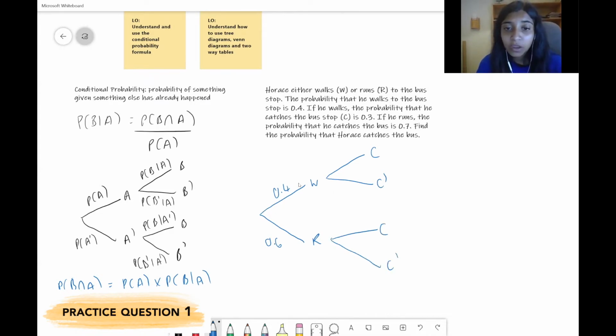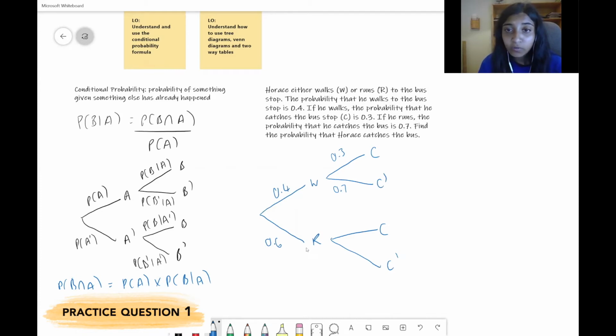If he walks, the probability that he catches the bus is 0.3. He can either catch the bus or not catch it, so the probability that he doesn't catch the bus would be 1 minus 0.3, which is 0.7. So here, using conditional probability, the probability that he catches the bus given that he walks is 0.3, and the probability that he doesn't catch the bus given he walks is 0.7.